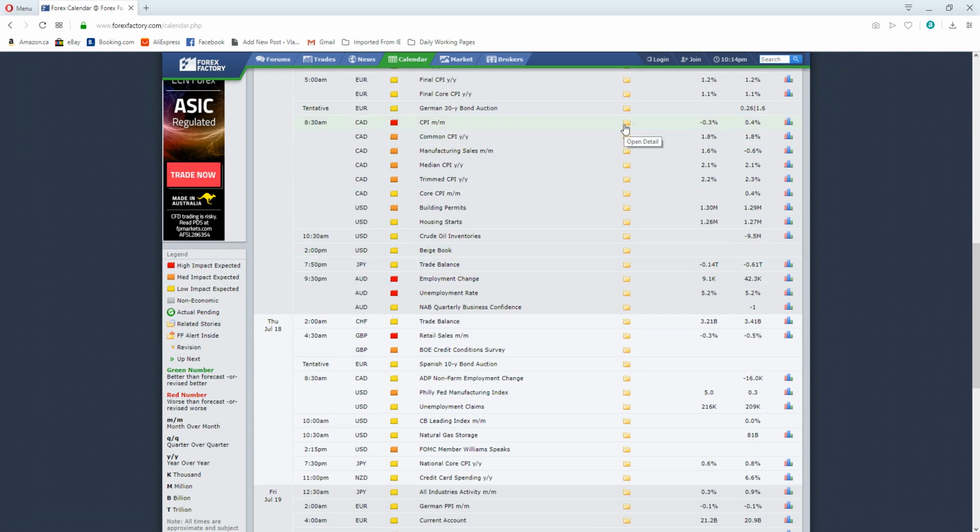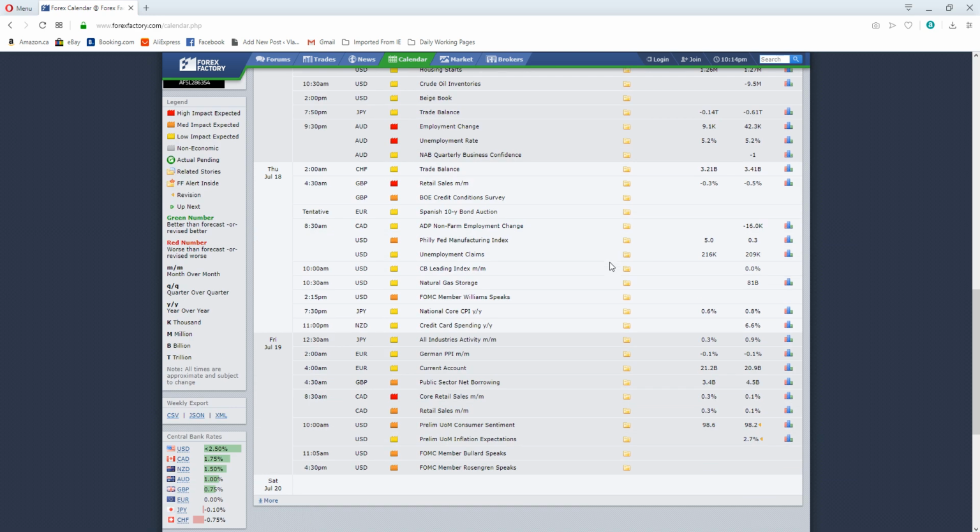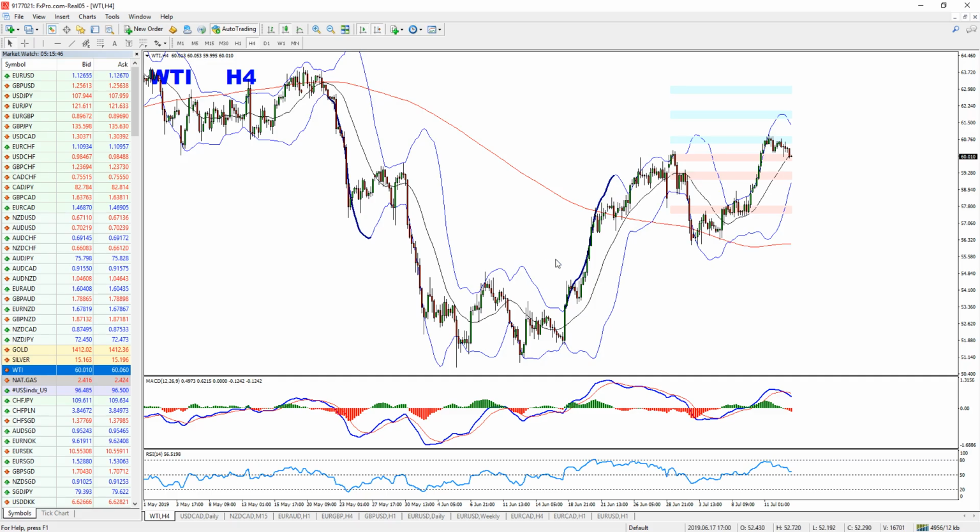We need to pay attention to this data, because that might be the ending game for the current drop in the dollar CAD. And unemployment changes in Australia, followed by Thursday's retail sales in Britain and Friday in Canada. That is what is expected in the market from the fundamental view this week.